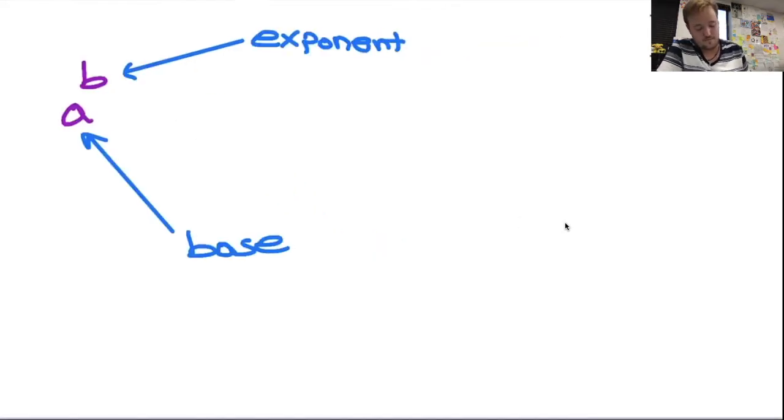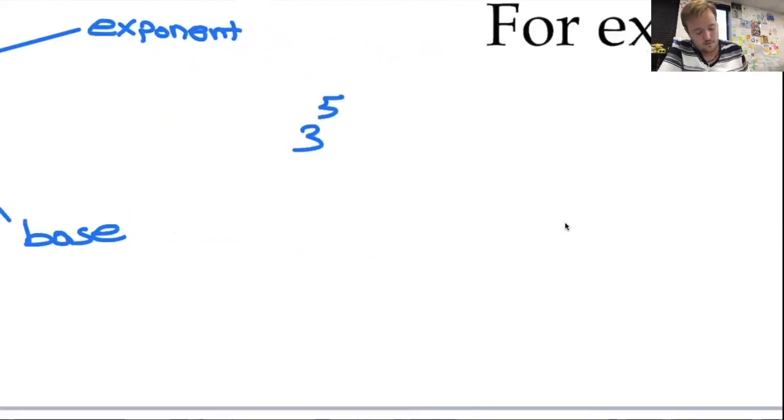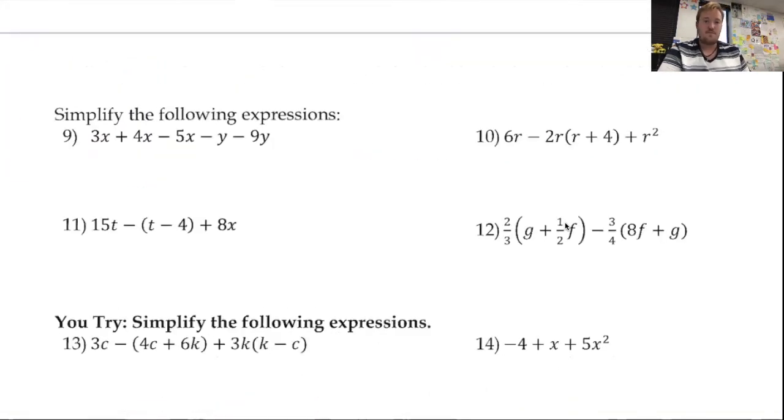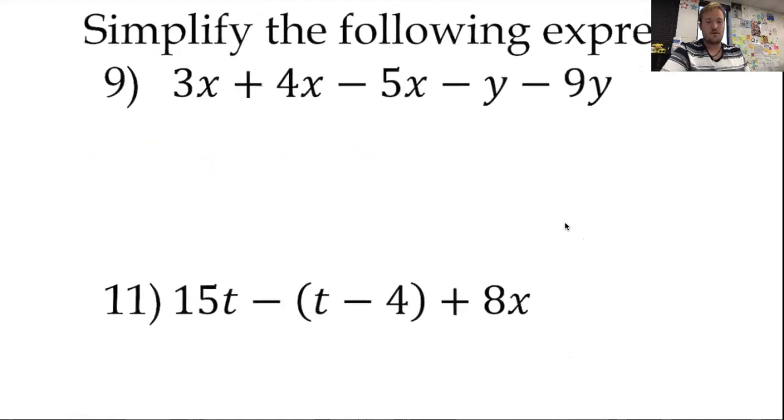So for example, let's say we have 3 raised to the 5th. 3 is the base, 5 is the exponent. If I have x raised to the 6th, x is the base, 6 is the exponent. So if I have y to the pi, who knows? y is your base, pi is your exponent.